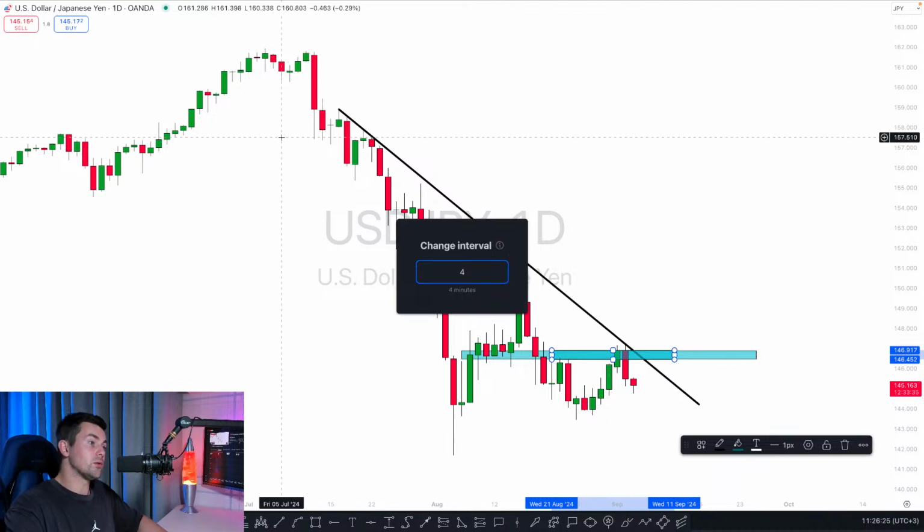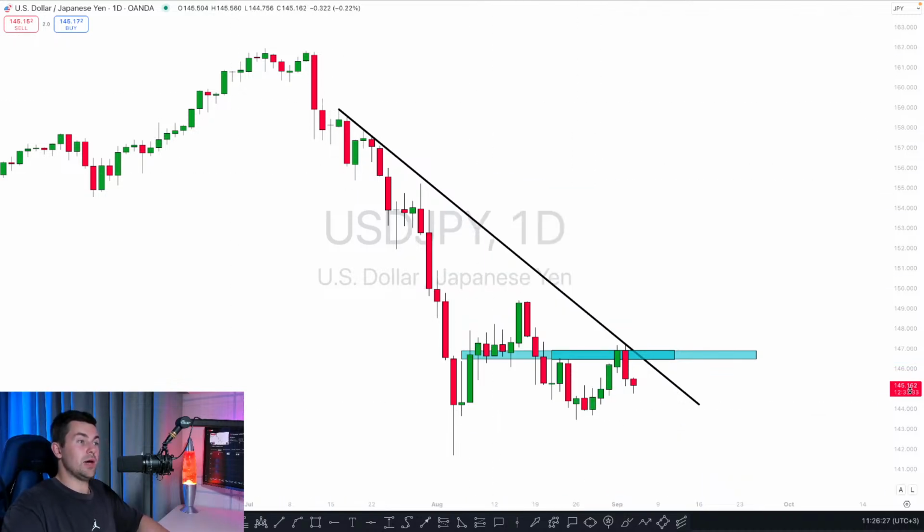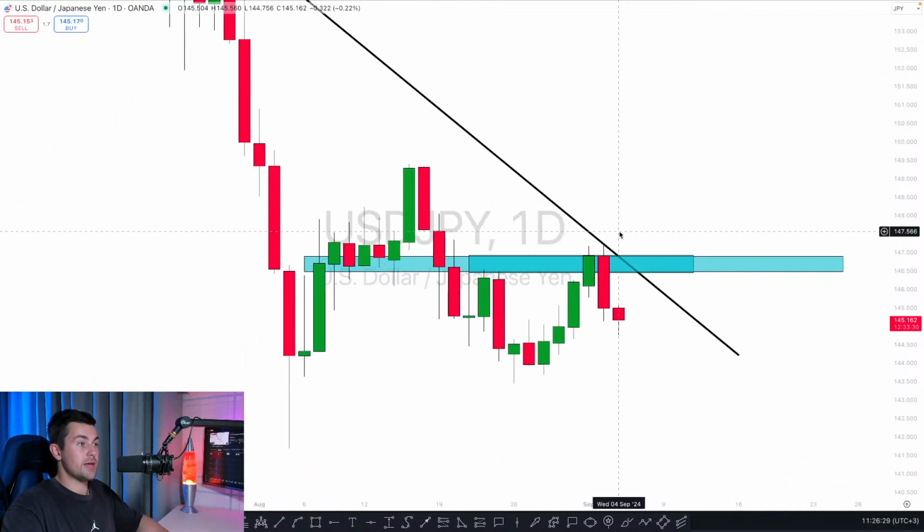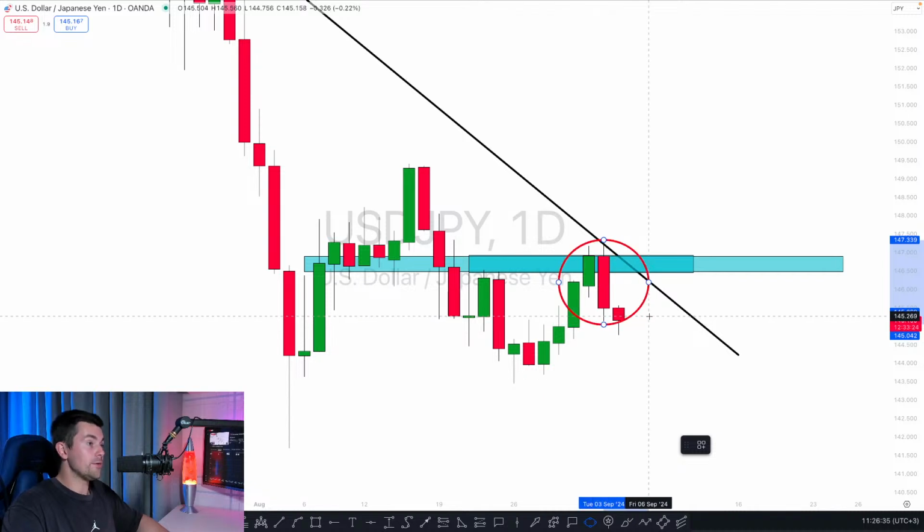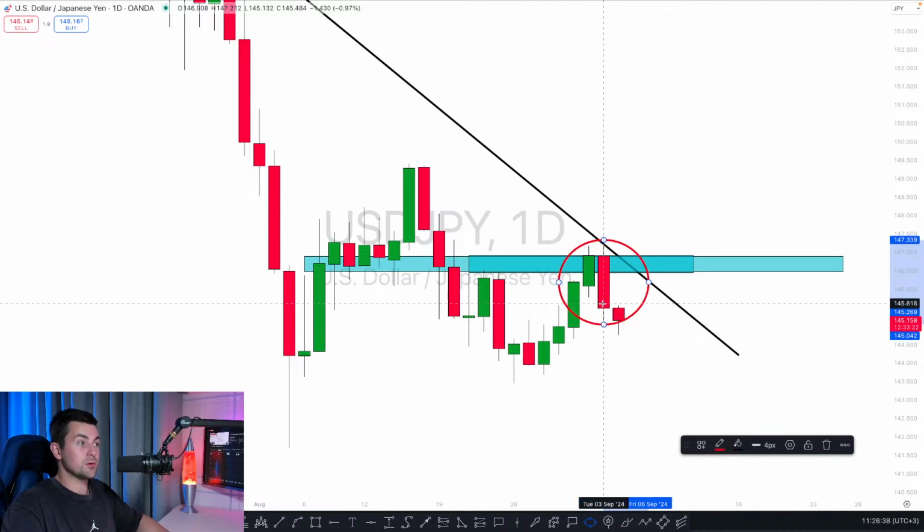And one more thing to add here in the 4-hour time frame is that we have a very nice bearish engulfing candle here. That candle is always a very strong bearish signal.